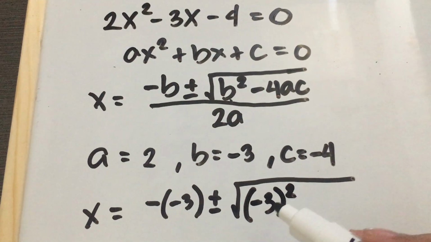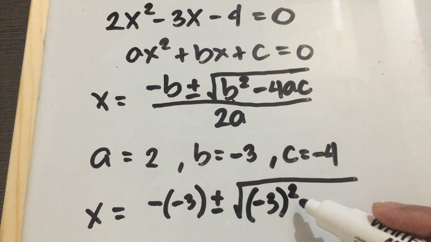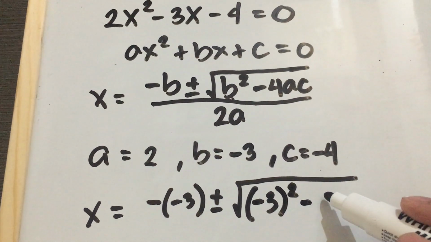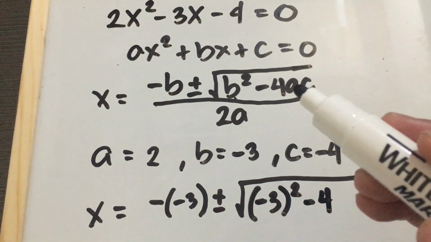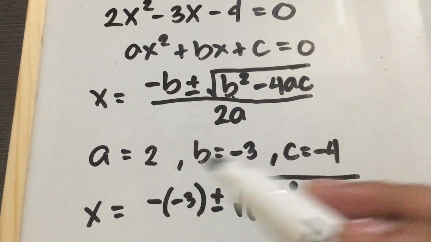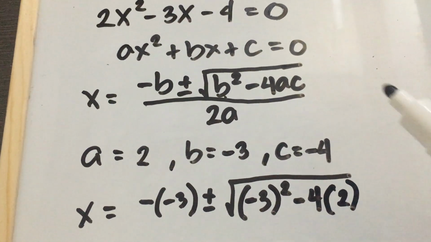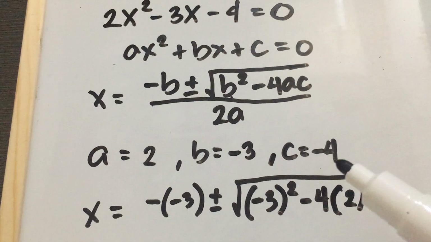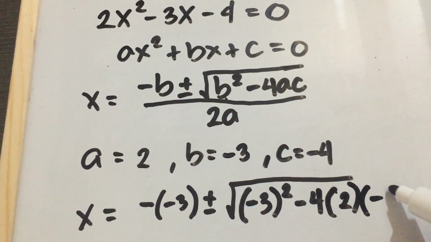Copy the minus sign, then copy 4. 4 is already a constant number in the quadratic formula, and a is 2, so put it inside the parenthesis, 2. And then your c is negative 4, so again, put it inside a parenthesis, negative 4.